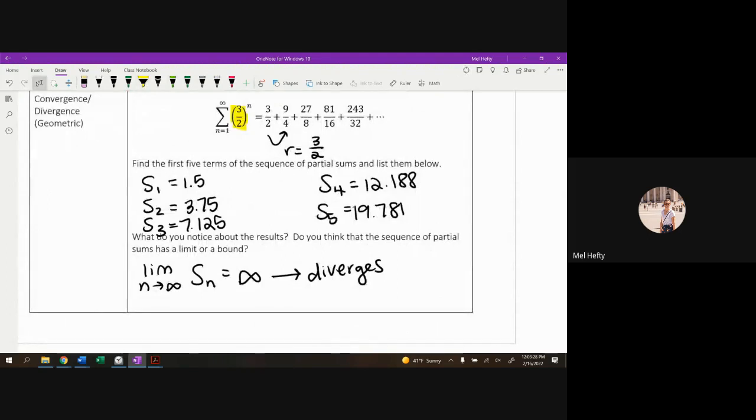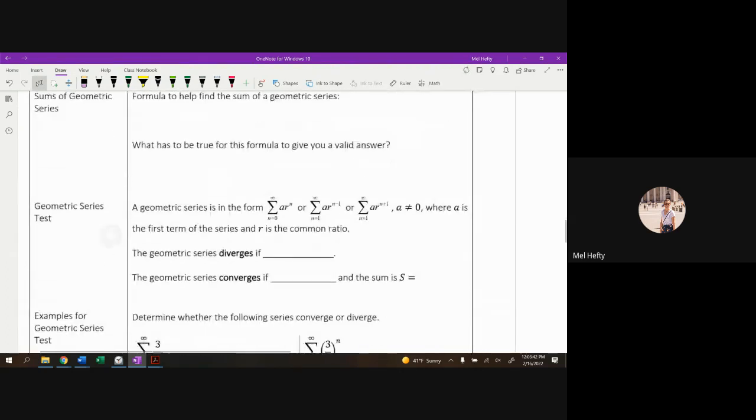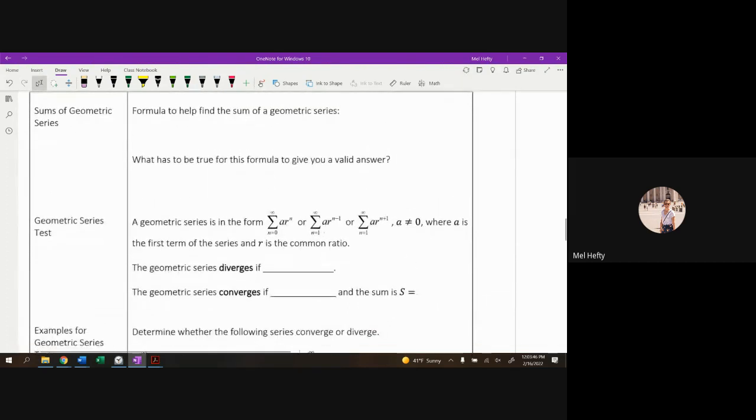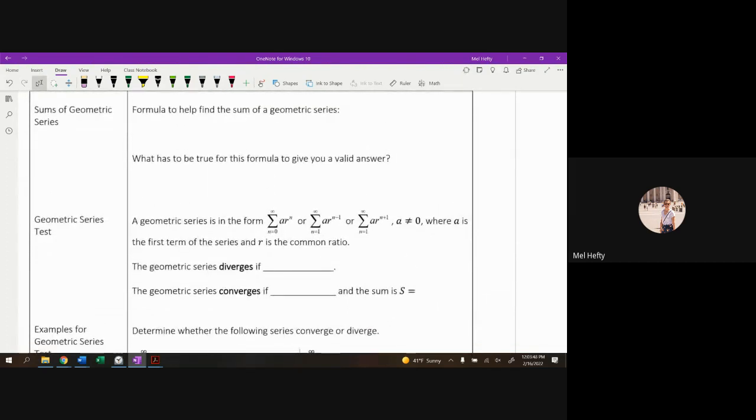So I'm about to write down some rules, but I want you to predict first because I think you'll be able to figure it out. You don't have to write it down yet, especially if you're James and you're writing in pen and you're scared. Based on the R, I'm going to write something in here and something in here.